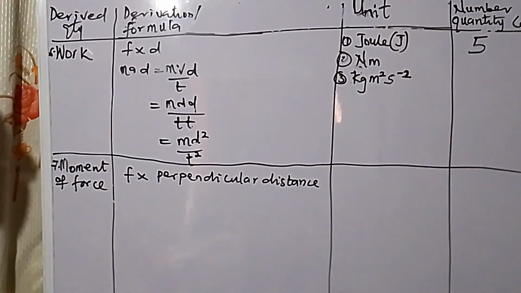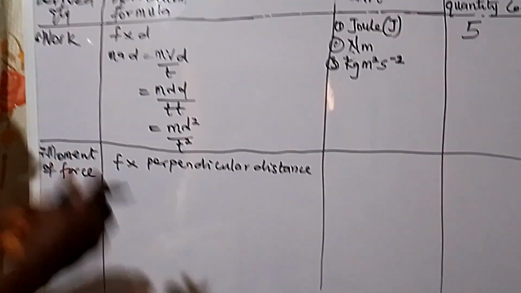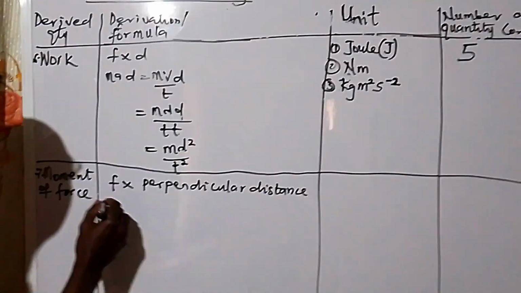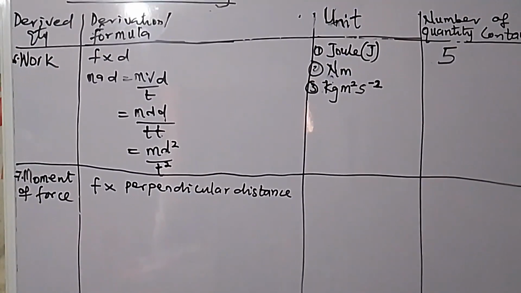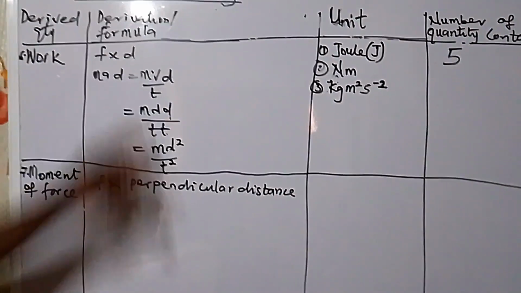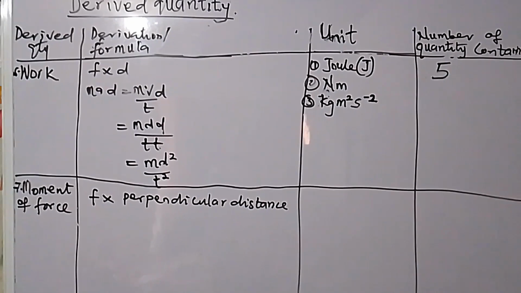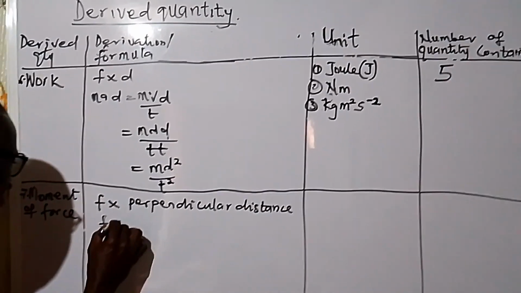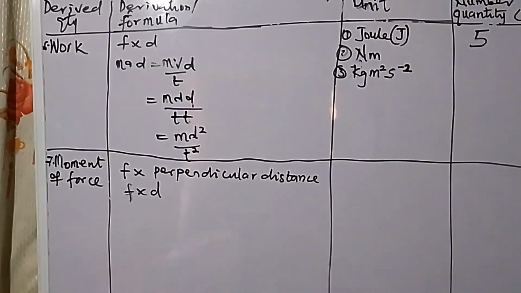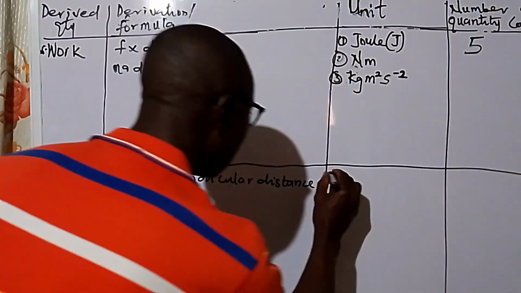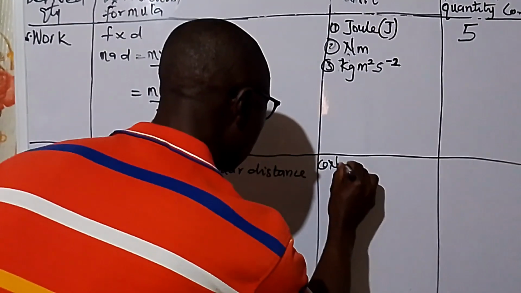But mind you, distance is distance, so they will still take the same unit. Now, from what we have done on the board, if we agree together that perpendicular distance and horizontal distance will take the same unit, we can now say F multiplied by D. Now the first unit of moment of force is 1 Newton meter.